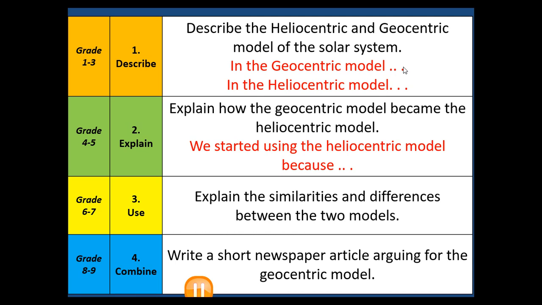Sentence starters in red. Then for explain, can you explain how we went from the geocentric model to the heliocentric model? What happened? Sentence starter in red. Then can you have a go at explaining the similarities and differences between the two models?